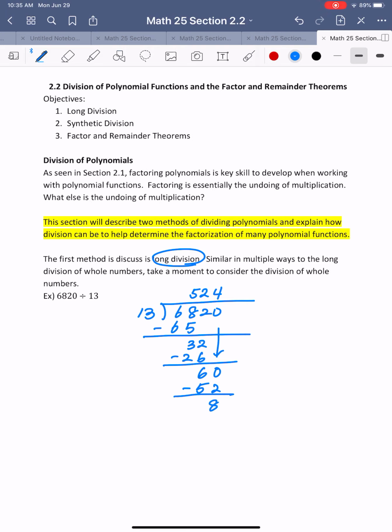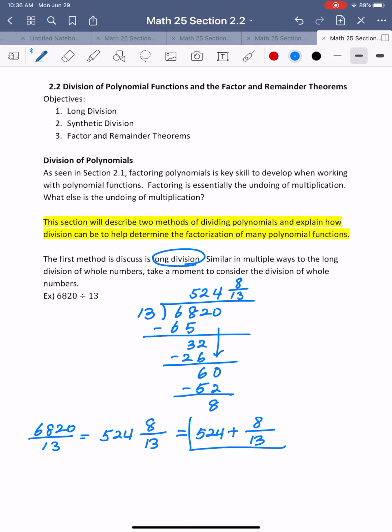So the way that we answer is we put the remainder over 13. We write 6,820 over 13 as an improper fraction using long division as 524 and 8/13, which is the same as 524 plus 8 over 13.